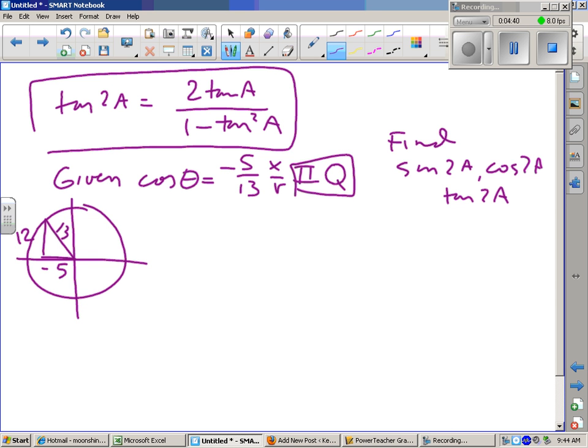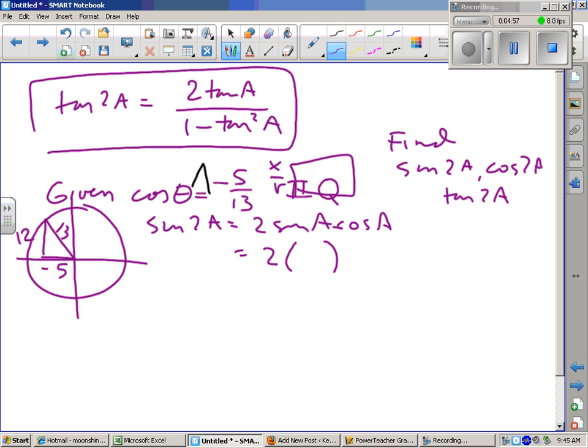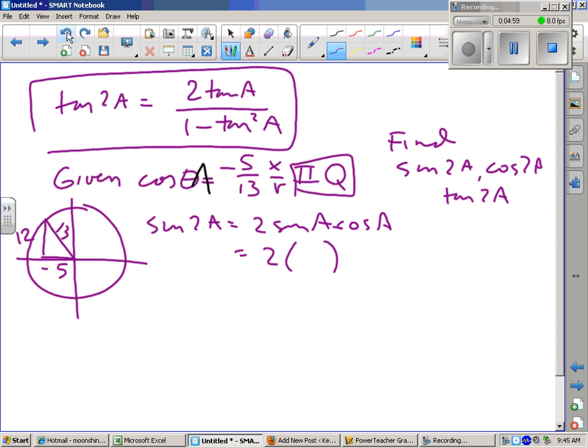All right, formulas. Sine 2a is 2 sine a cosine a. So plugging in the sine of this angle a, 2 sine a, cosine a.